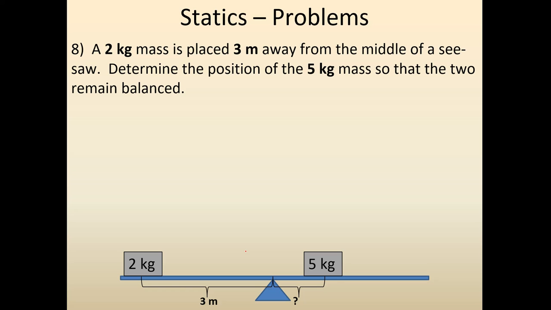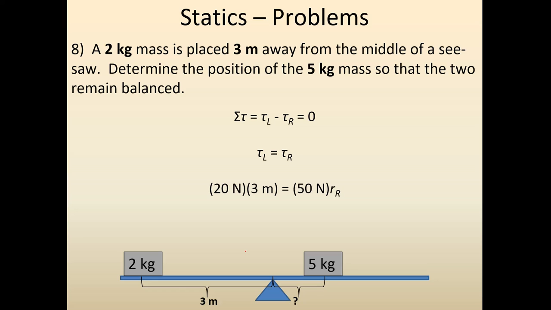All right. So let's see. They want to know where the 5 kilogram object should be placed. Again, this goes back to what I was saying about how finding the location of a force is where torques really come into play. Because we know that it's balanced, we know that the sum of the torques, torque on the left, torque on the right, is going to be equal to 0. So that means that the torques have to be equal.